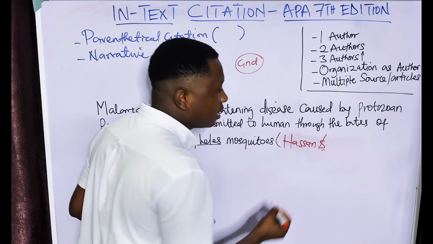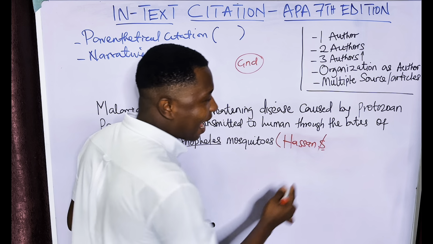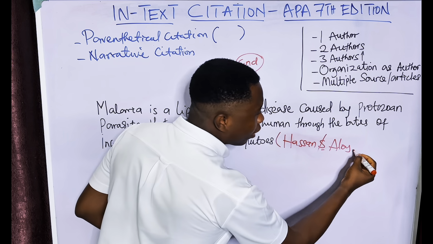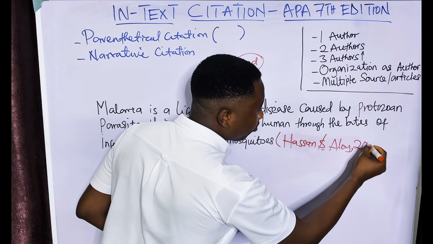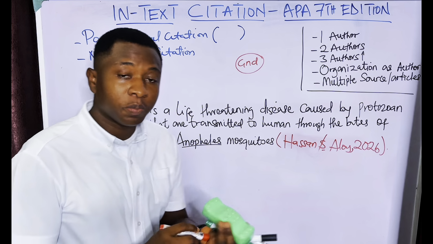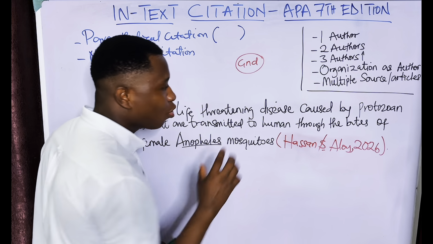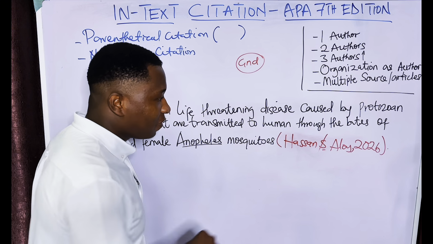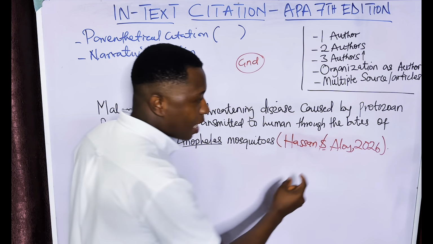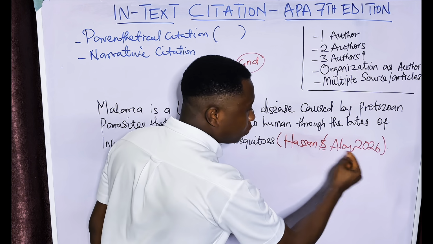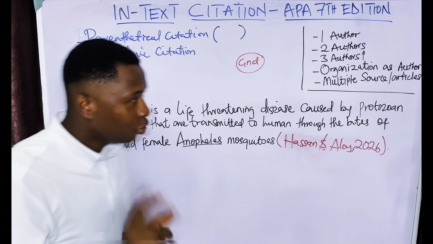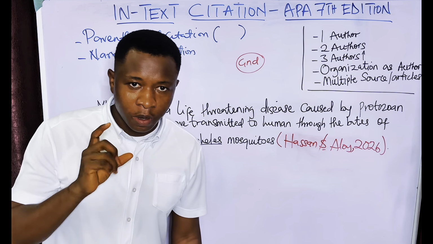You write the first author and the second author, then a comma and the year of the information, and you close your brackets and put a full stop. So for two authors, you have the first author, which is Hassan, the ampersand sign, and the second author, followed by a comma and the year. This is how you cite two authors using the parenthetical citation method.